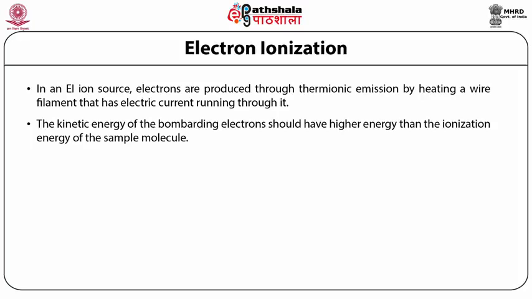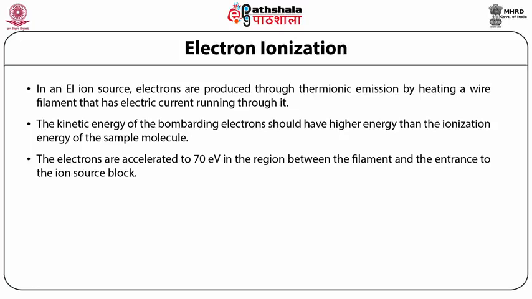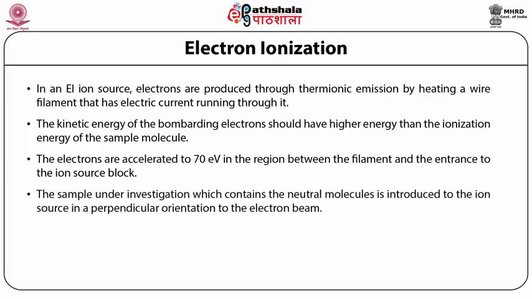The most commonly used electron energy is 70 electron volt, at which the electrons are accelerated in the region between the filament and the entrance to the ion source block. The sample under investigation, which contains the neutral molecules, is introduced to the ion source in a perpendicular orientation to the electron beam.